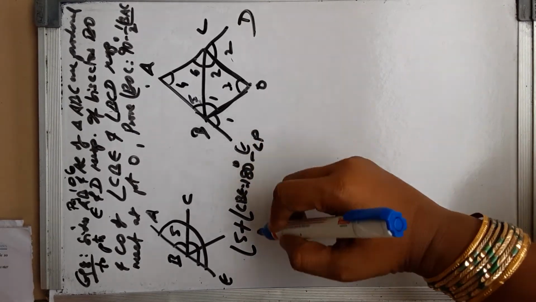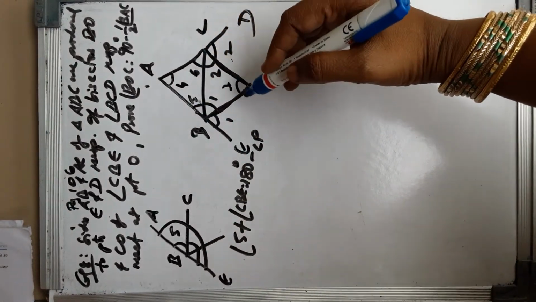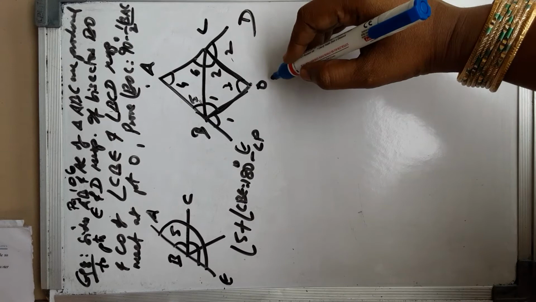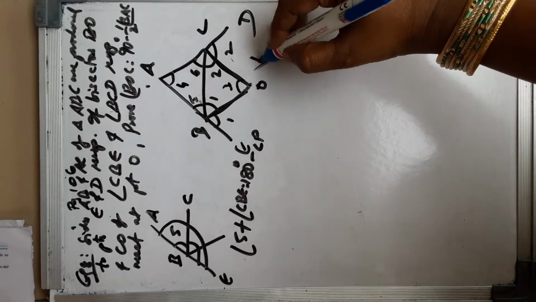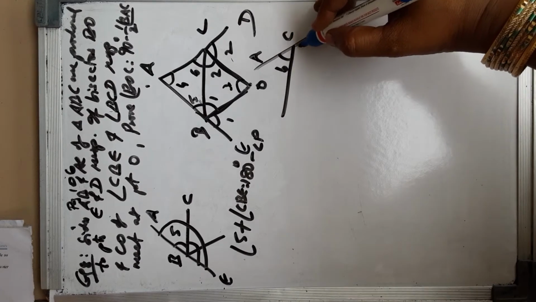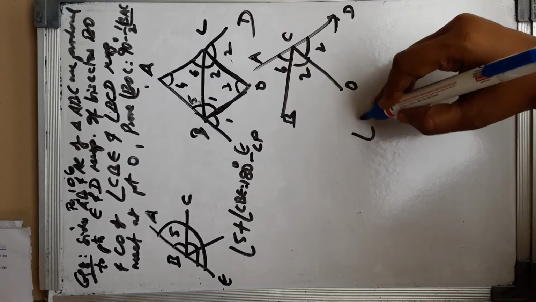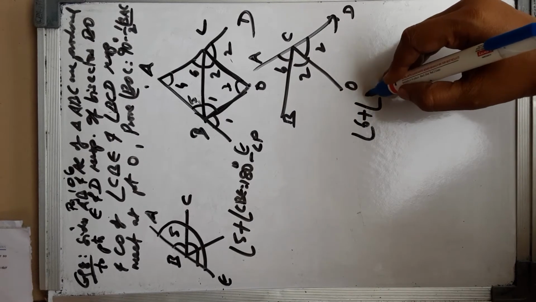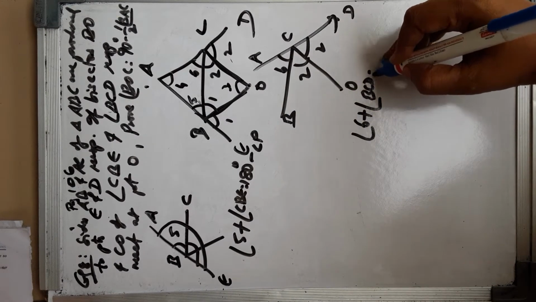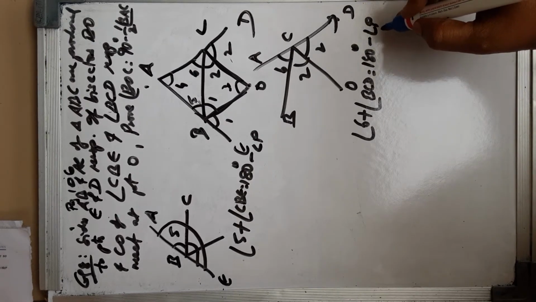Similarly, on the RHS, we have ACD with angle 6 and the bisectors. Here we have angle 6 plus angle BCD equals 180 degrees, which is once again the linear pair.